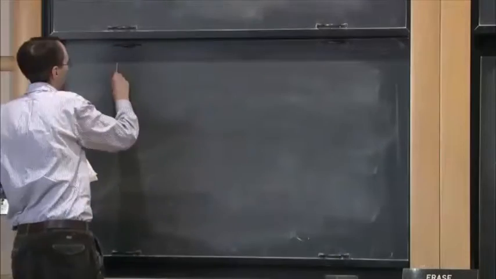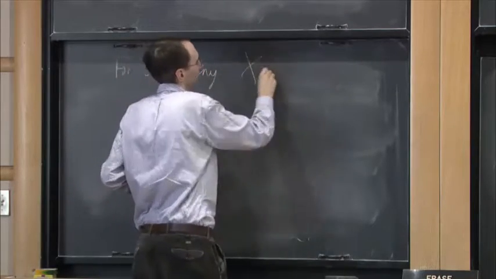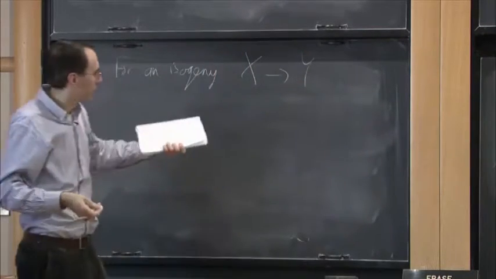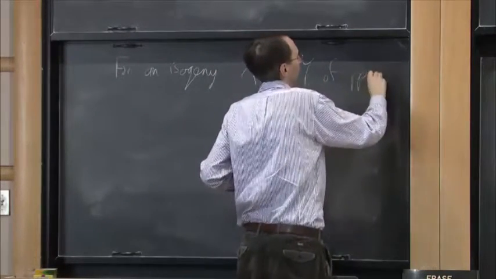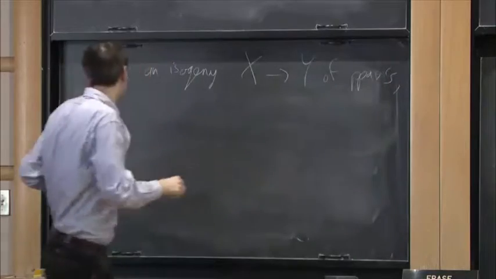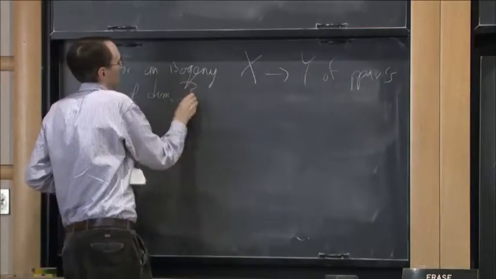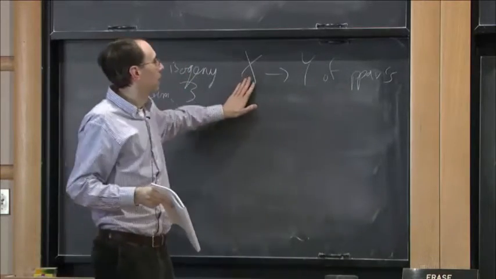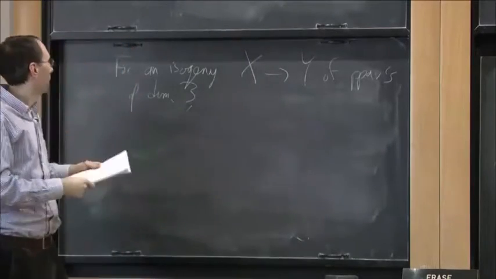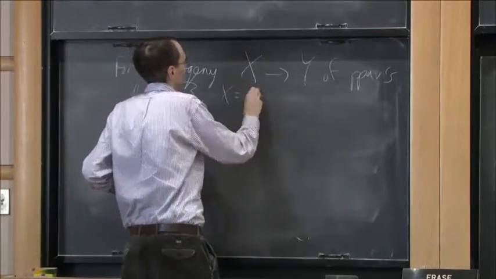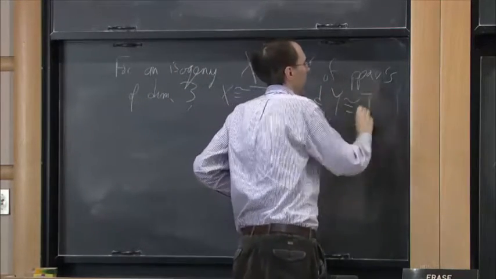So take an isogeny, that is a homomorphism of abelian varieties that's onto and with finite kernel, and suppose these are both principally polarized, say of dimension 3. Well, again, in most cases, both of these will be Jacobians. There's a lower dimensional set where that's not true, but let's ignore that. So X will be the Jacobian of one curve, and Y will be the Jacobian of some other curve.